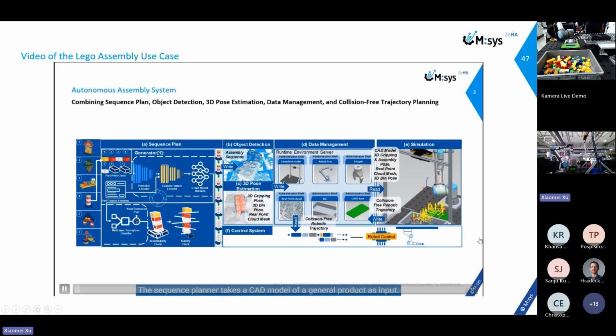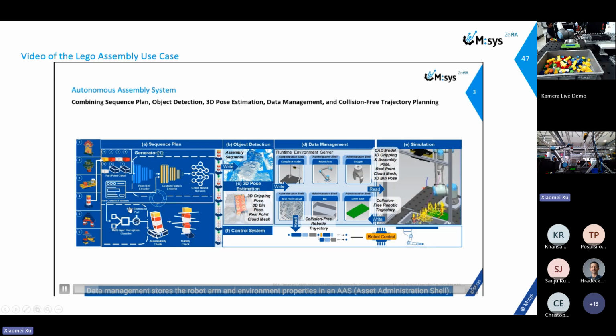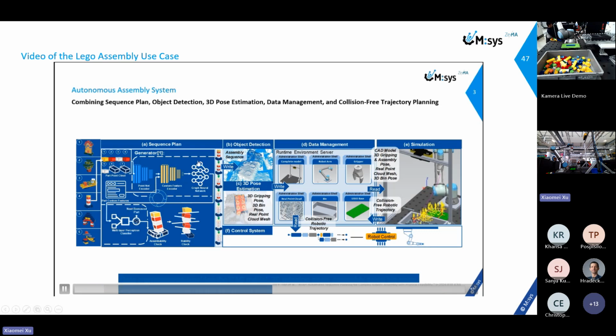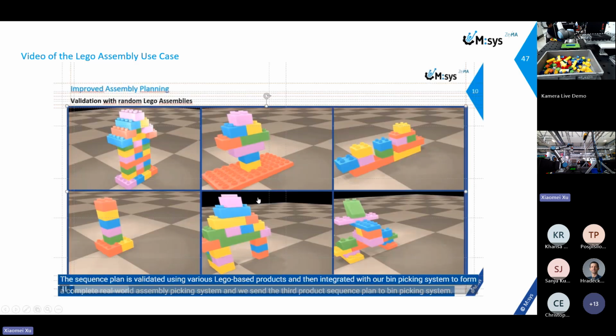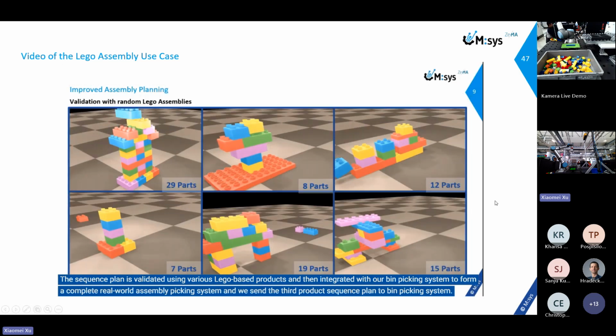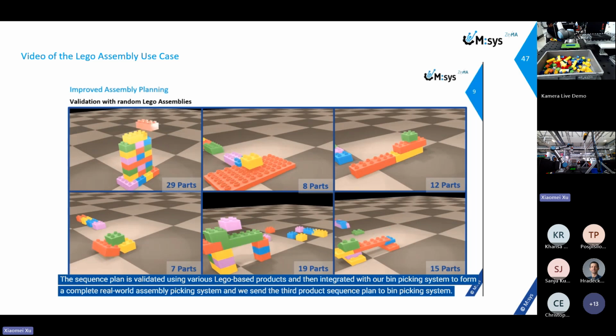Finally, I show the video with the Lego assembly use cases, to make a conclusion for this section. Here we'll show the sequence plan, which is given to the camera system. The camera tries to detect it, makes the pose estimation, and then defines the start pose of the trajectory.